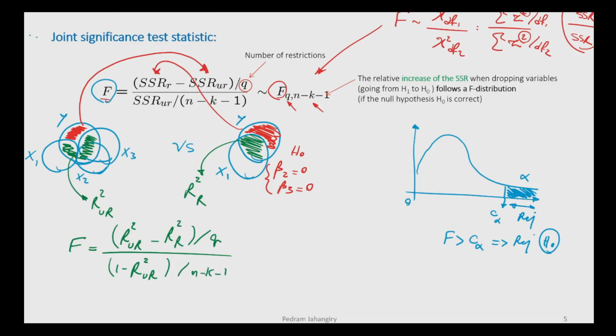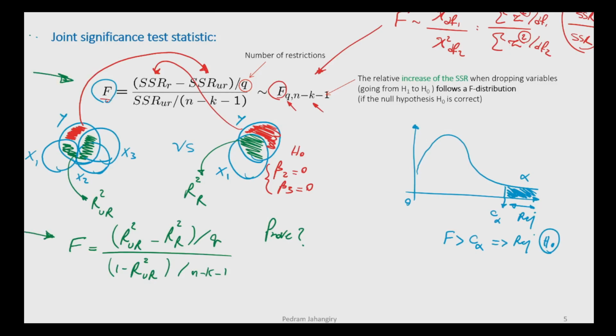Okay. Again, intuition is very straightforward. If you want to see if the change in this r squared is statistically significant or not, this is a standardized version of that change, right? We're dividing it by some number and dividing them by degrees of freedom. And mathematically, I want you to give it a try. Prove that this F statistic that we have here is the same as the F statistic that we have here.